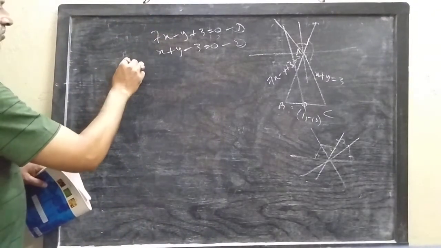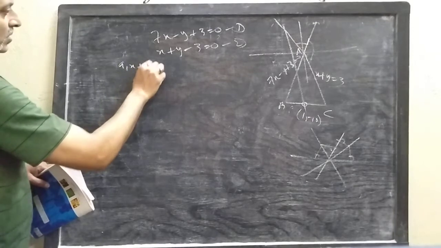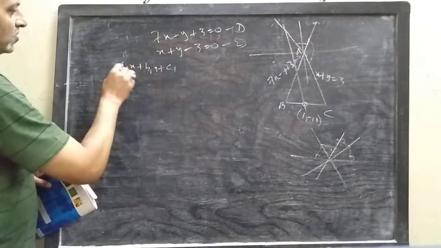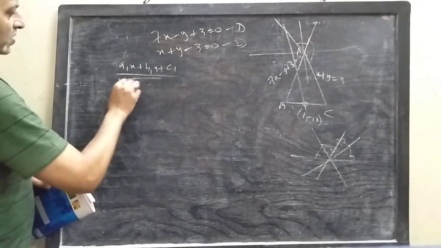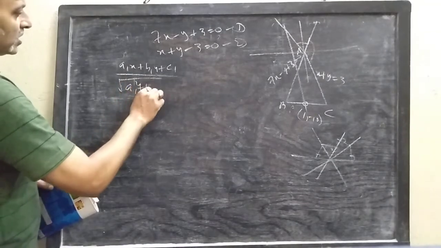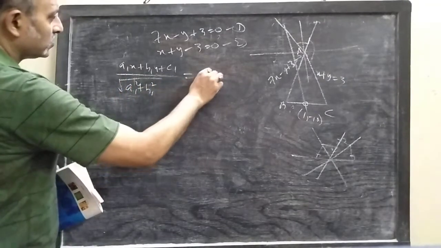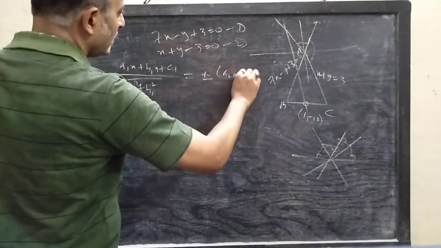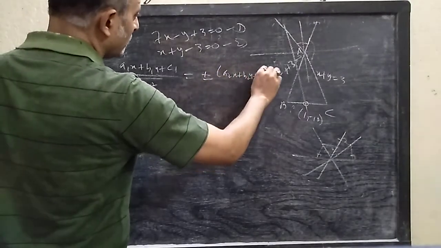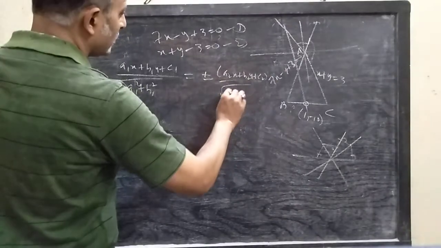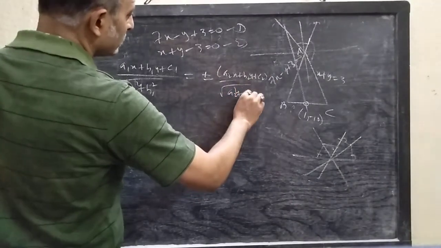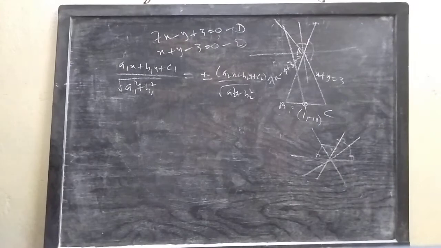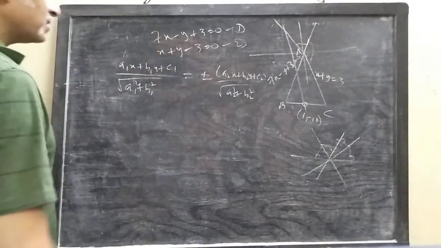I am writing the formula: (a1x plus b1y plus c1) divided by root over a1 square plus b1 square is equal to plus minus (a2x plus b2y plus c2) divided by root over a2 square plus b2 square. So here the lines are this.